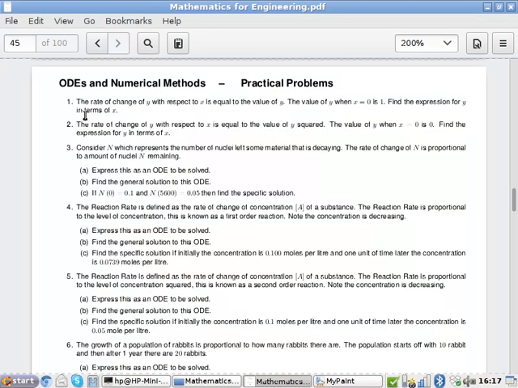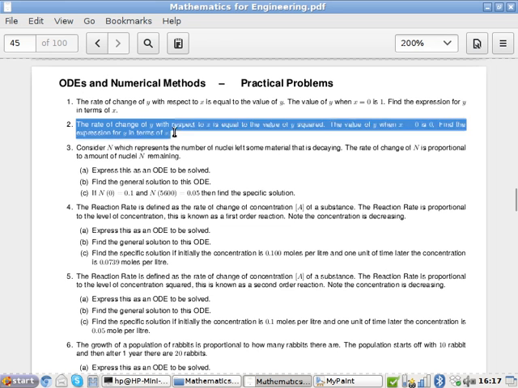Right. Let me see. So, I am going to do a question here. Something like number 2. Can you please write this down? Yes, practice English. I want you to write this down, please.